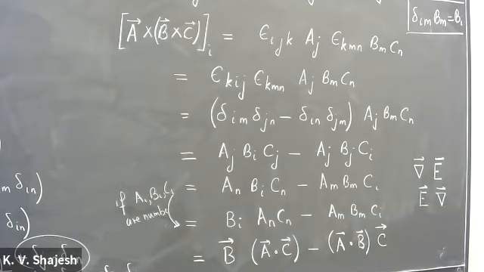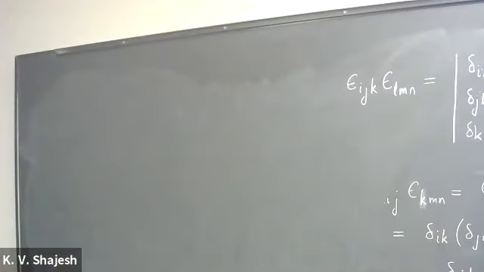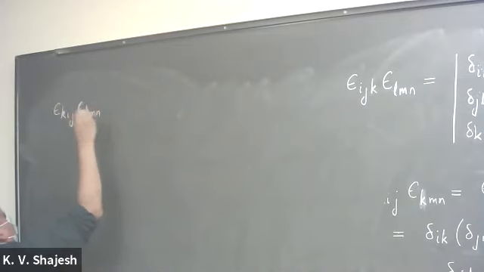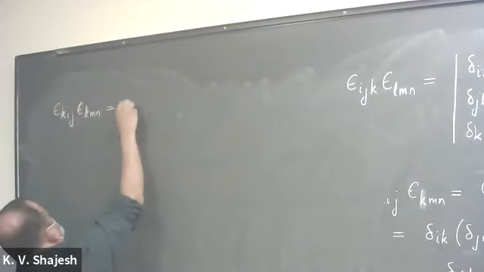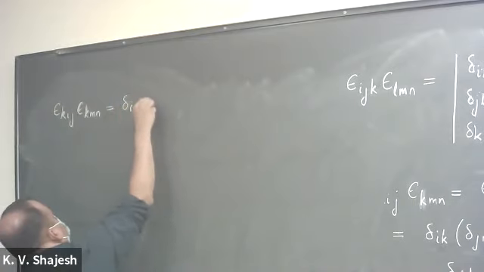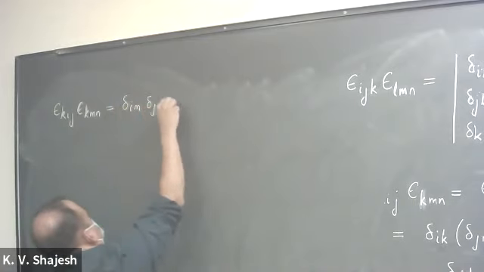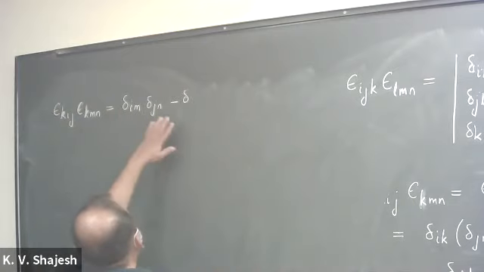go back a little, and so we have epsilon k i j epsilon k m n equal to delta i m delta j n minus, relatively easy to remember, right?